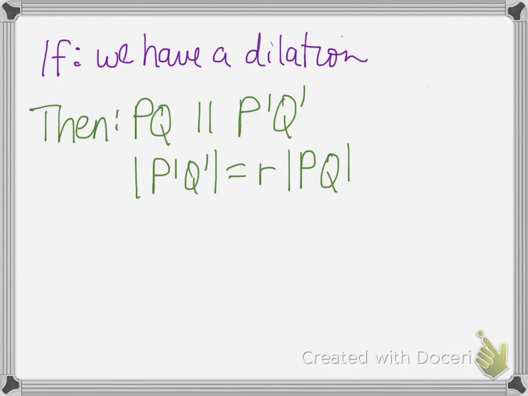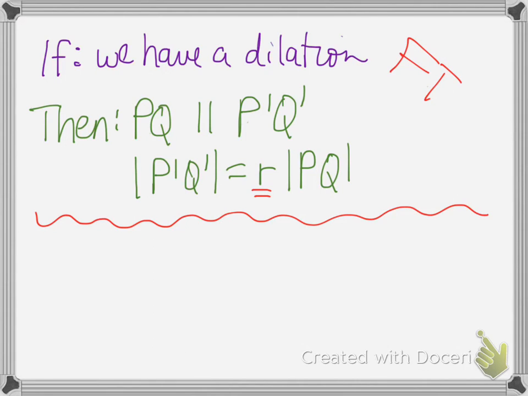Okay, so here's the short form of that theorem. If we have the dilation, with its center and scale factor, then we have these parallel segments, and P prime Q prime is in proportion to PQ by our scale factor R. That's our original FTS. What we want to talk about is what's called the converse of that.